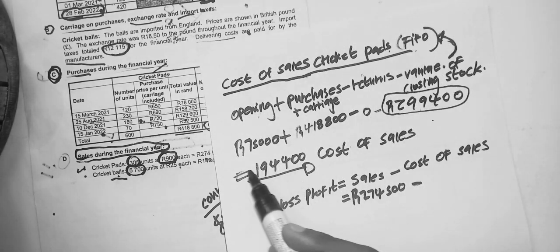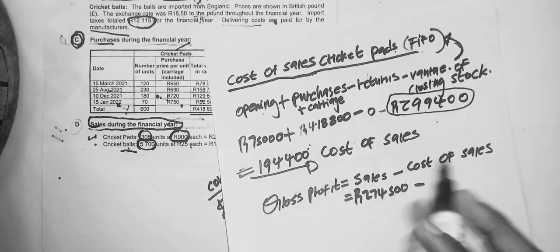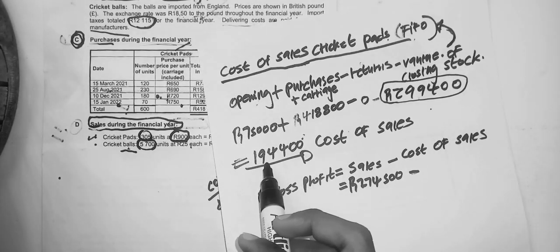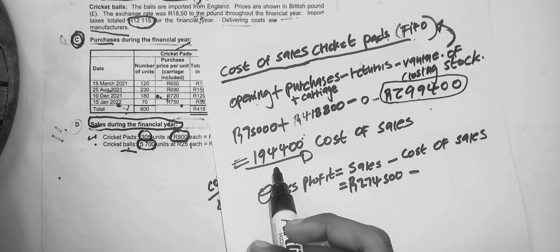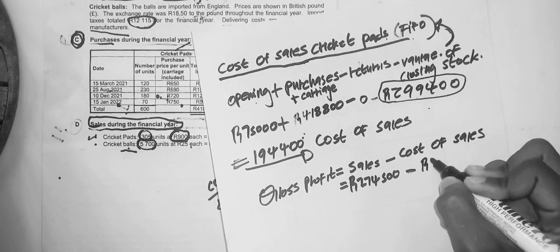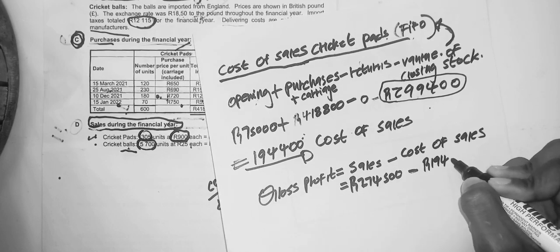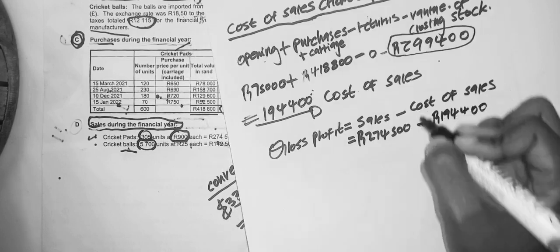No matter how wrong it is, this is your cost of sales. It's 194,400. So we minus 194,400. Then we are going to get our gross profit.